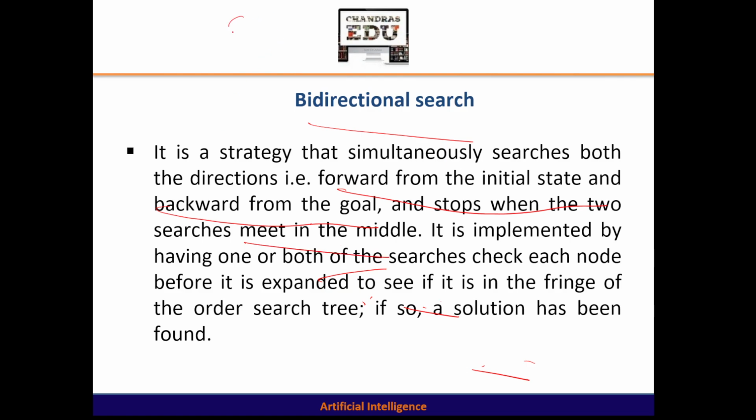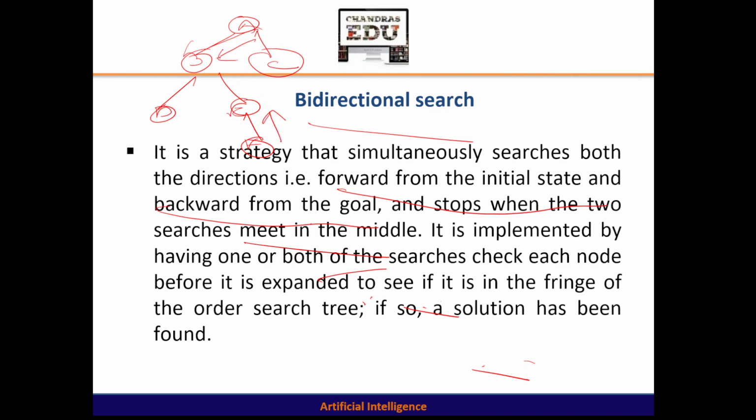Suppose we take an example, we have something like this: A, B, C, D, E, F. This is the tree, and the search will start from this point, and it will also start from the ending point.